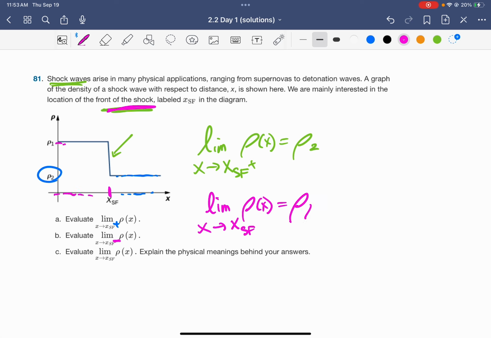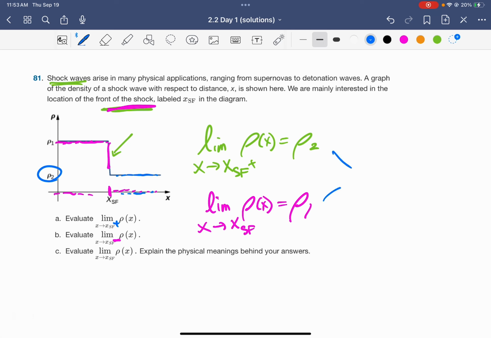So as you walk in this way, it looks like it's always rho 1. And then for some reason at this point, it's just much lower on the other side. Again, maybe there's a building blocking the shock wave, where on one point you really see this big difference. Or maybe it's like this huge wall or something, right?